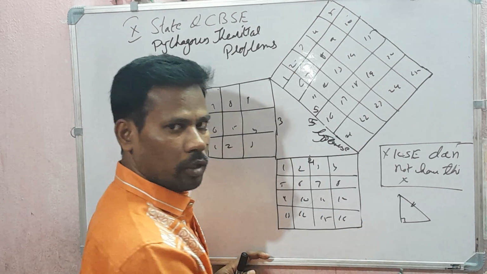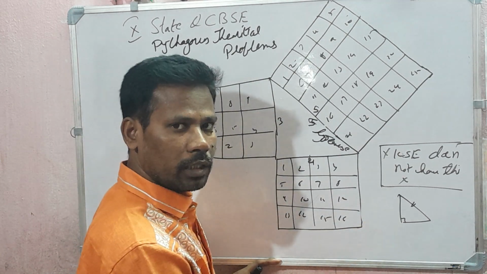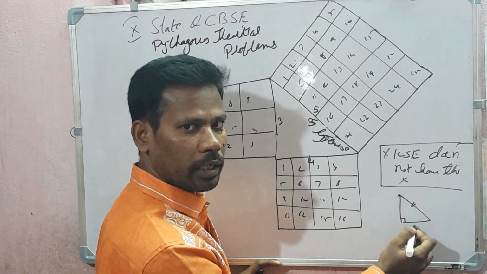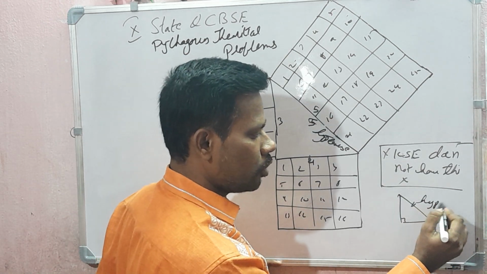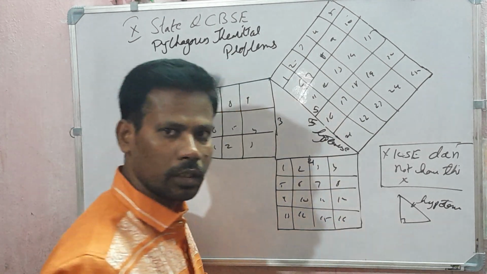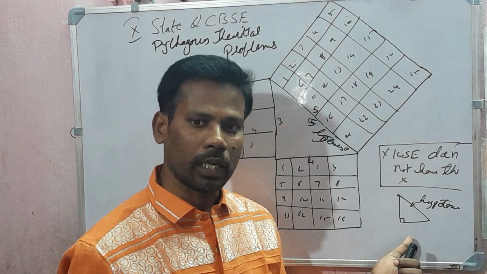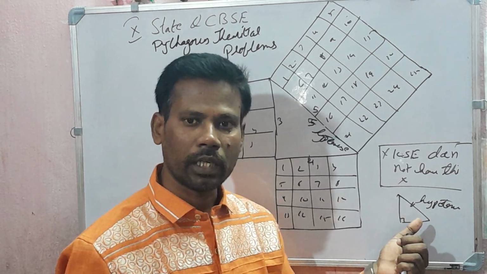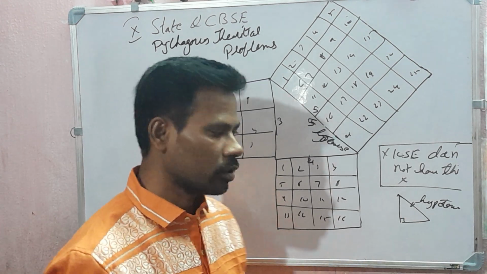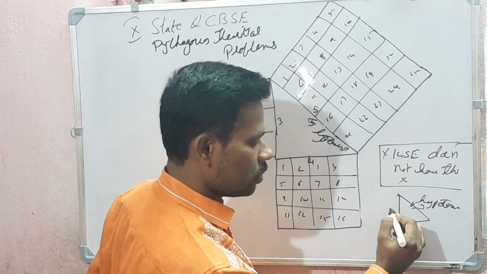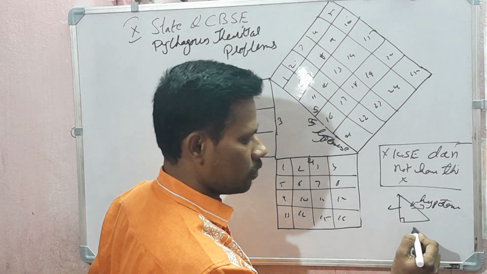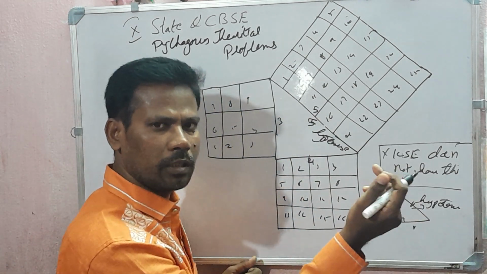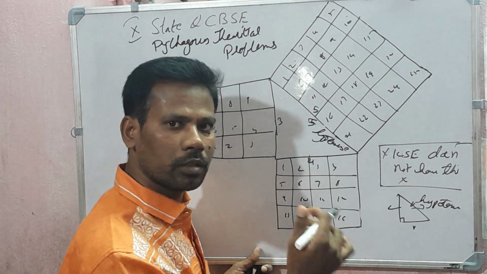Here, you know a right angle triangle means one angle is 90 degrees, right? And the longest side in a right angle triangle is nothing but the hypotenuse. This is the hypotenuse; the other two sides will be these.